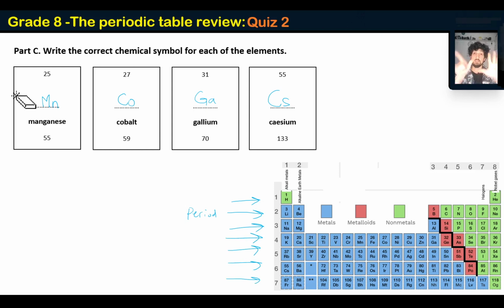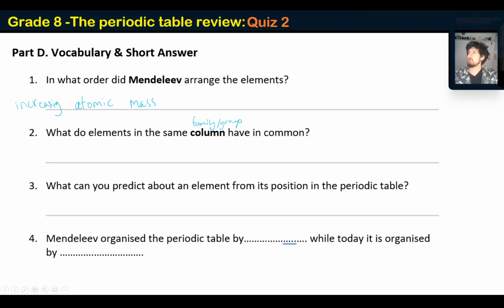There are 7 periods in the periodic table. But how many columns do we have? How many families? How many groups? This is hard. 18. 18 groups, 7 periods. Okay, moving on.